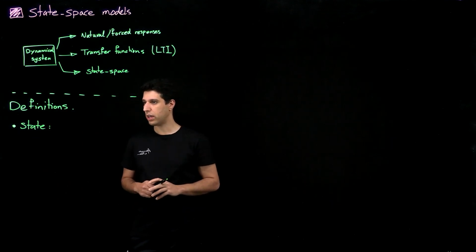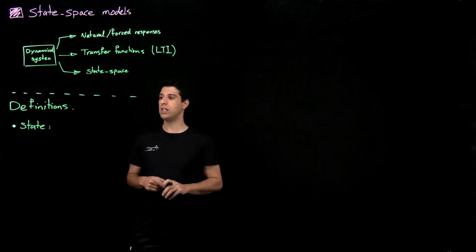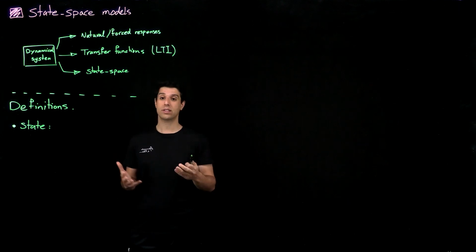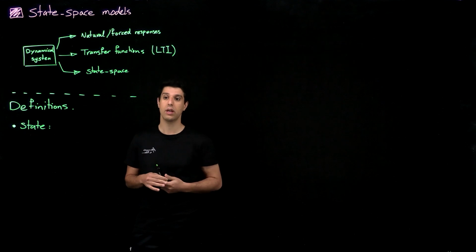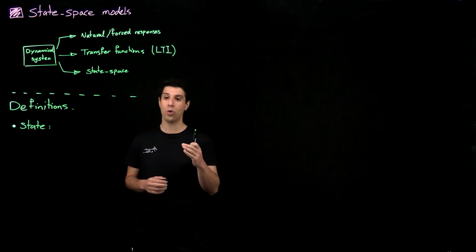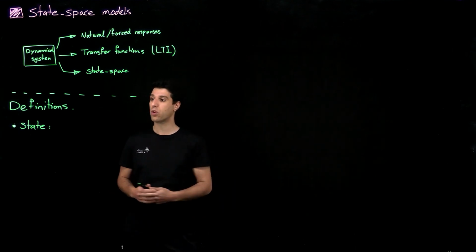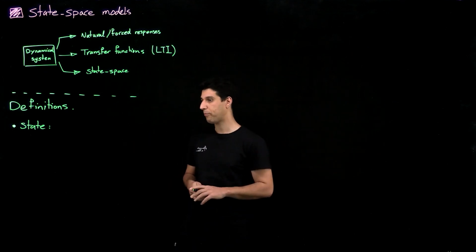A state essentially is the minimal set of information you need to have in order to describe the current state, for lack of a better word, of the system. And if you know the inputs to the system, you will be able to fully describe the outputs or the behavior of the system for the entire time.